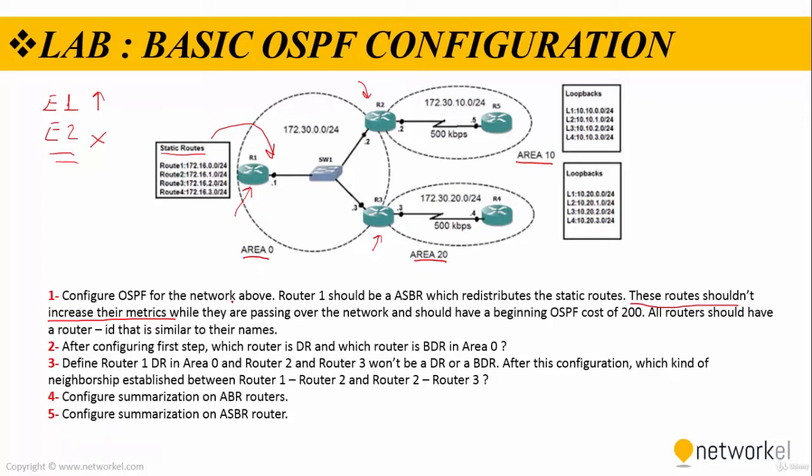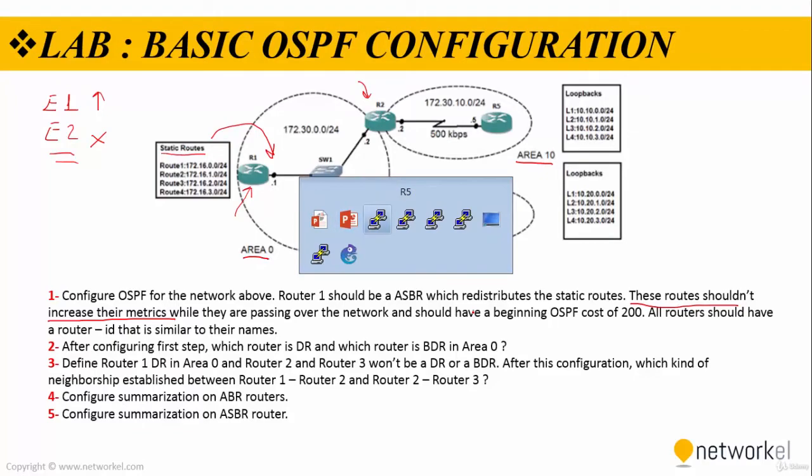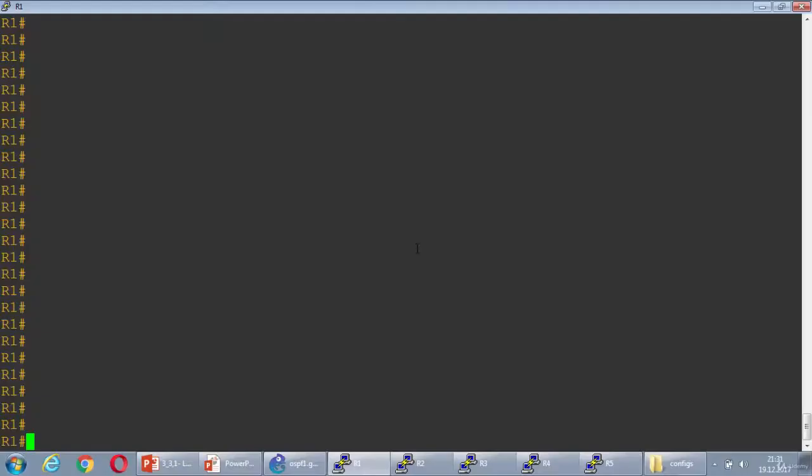I'm gonna configure OSPF for the network above, and router 1 should be an ASBR, which makes redistribution. Alright, let's go. Alright, let's start with router 1.